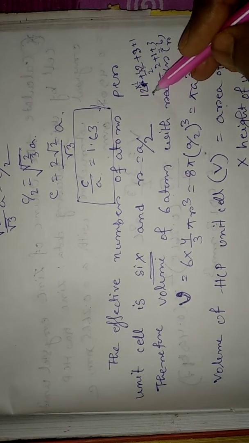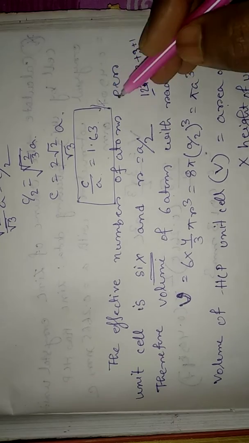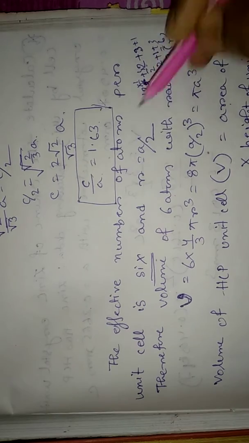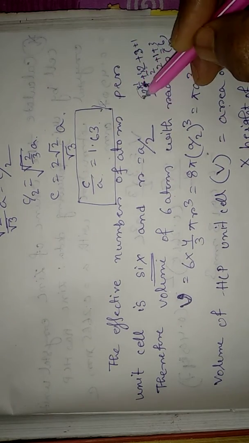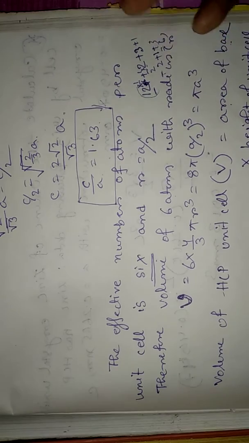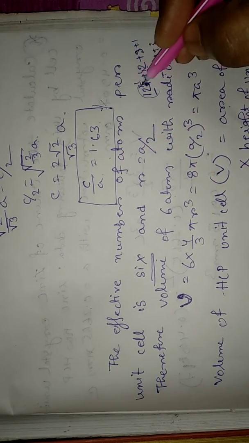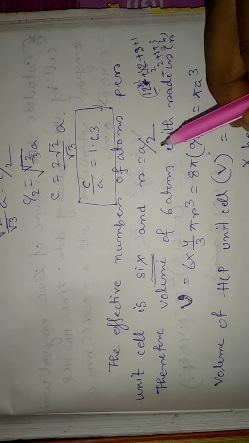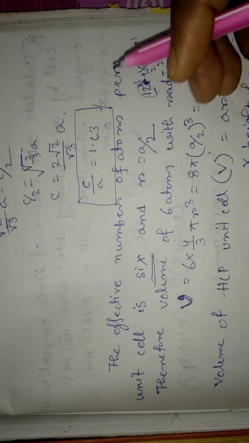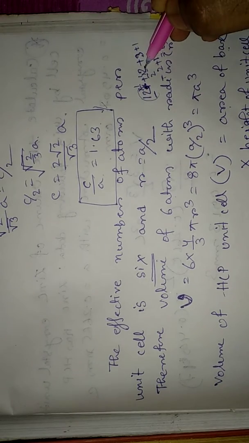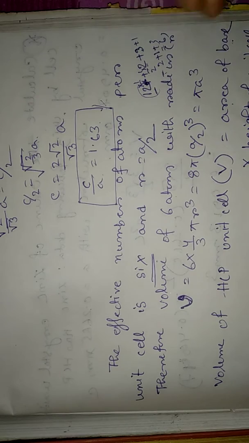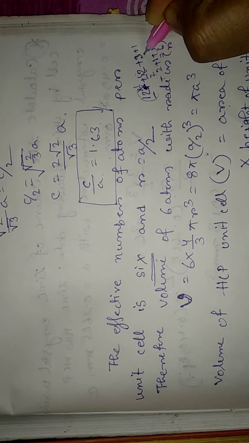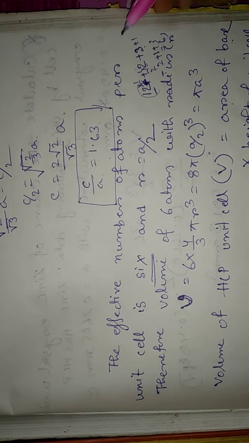Because there are 6 corner atoms in the top plane, and 6 corner atoms in the bottom section. So in total 12 corner atoms, each shared with a 1/6 portion. So 12 times 1/6, plus 2 center atoms which exist in the top and bottom planes of that structure, each shared between two sides, so 1/2 each, and 3 atoms which exist within the unit cell.